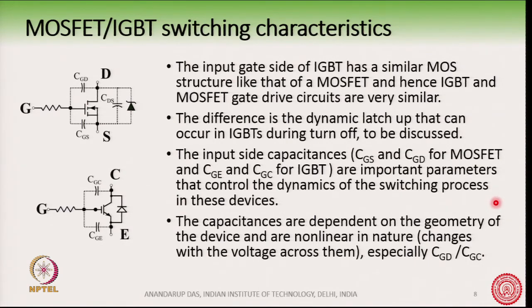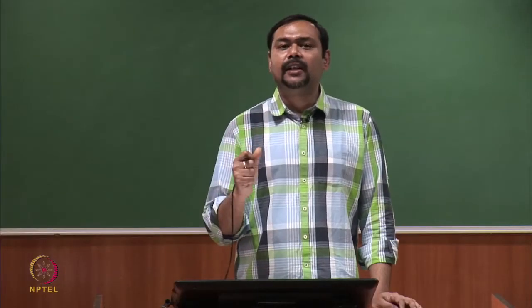Now, unfortunately, these capacitances are not fixed values and they are non-linear in nature, because as the voltage is applied, the capacitors change their values. If you go into the physics of the device, you will be able to understand how it happens. I would not like to go into that. I would like to restrict myself to the fact that the capacitance value changes with the voltage across them.